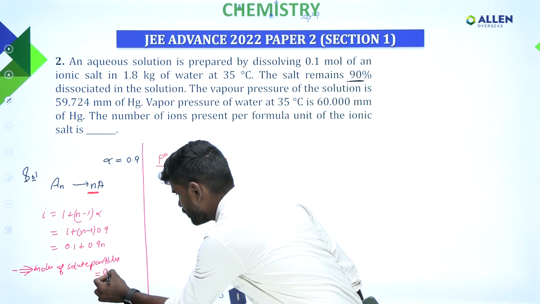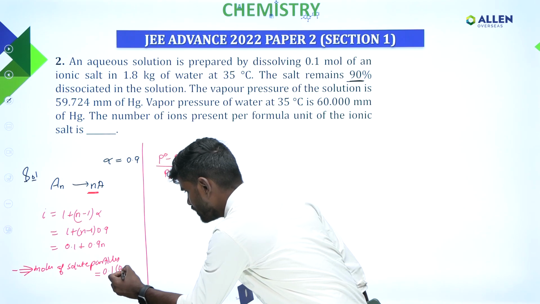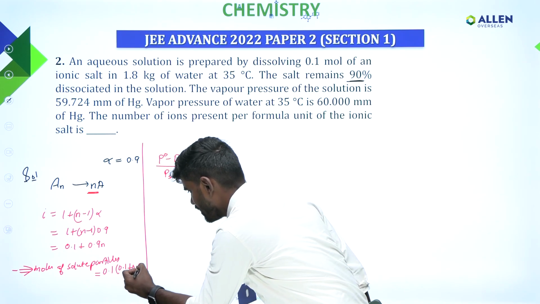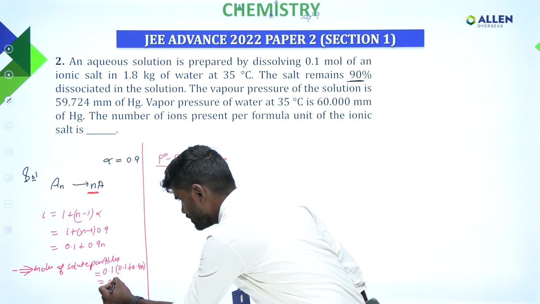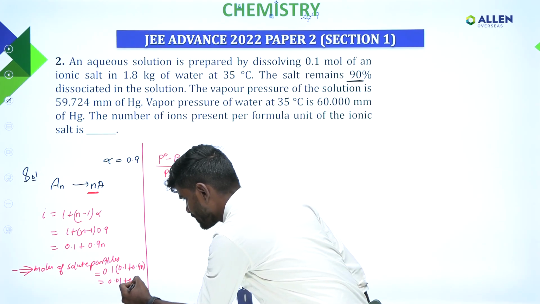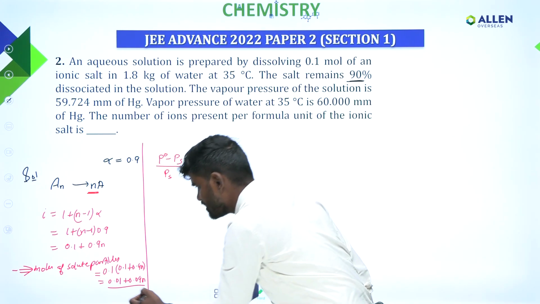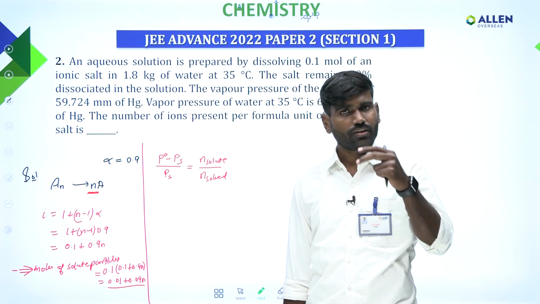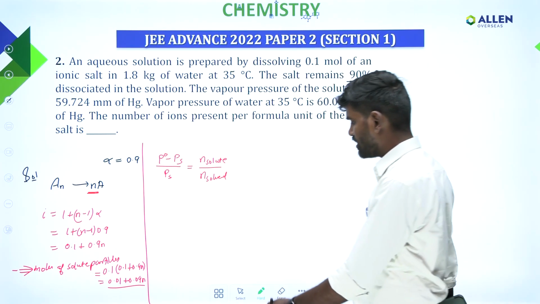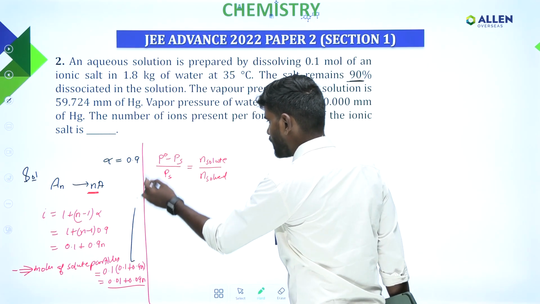So it will be 0.1 into i, that is 0.1 into (0.1 plus 0.9n), and you will get 0.01 plus 0.09n. These are the effective moles present in the solution, and you can directly put this value here.